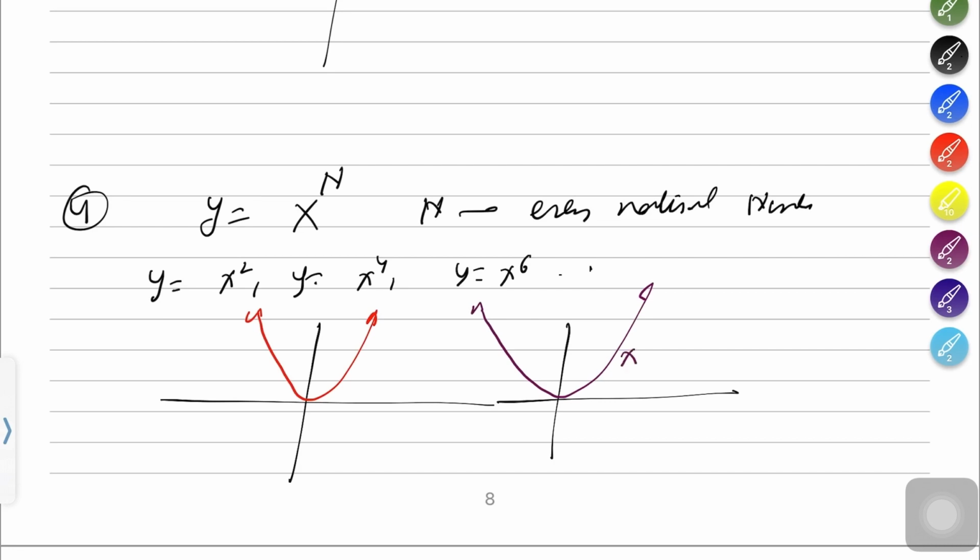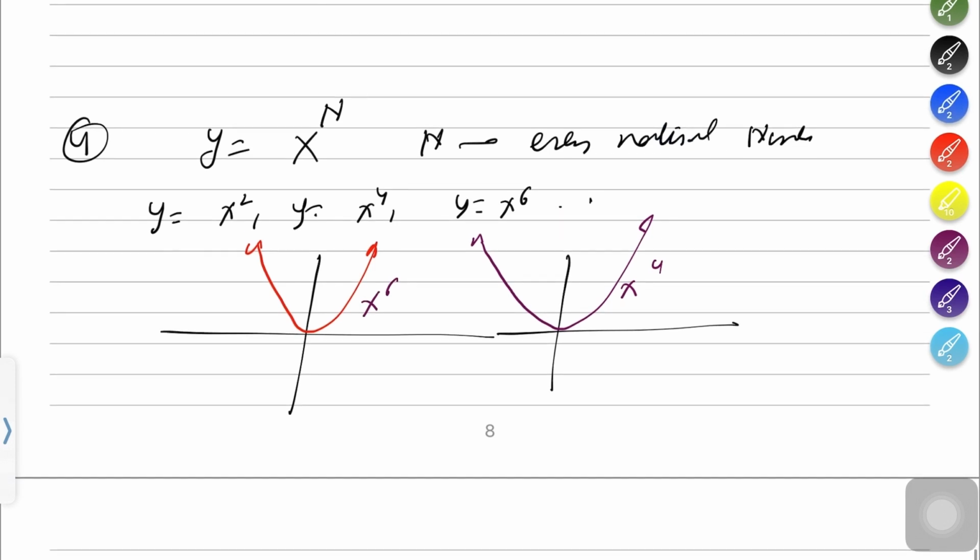So this is x square, this will be x to the power 4, this is the x to the power 6 graph. Some difference is there, but we know that for y equals x to the power n, when n is any even natural number, the range of the function is always from 0 to infinity.